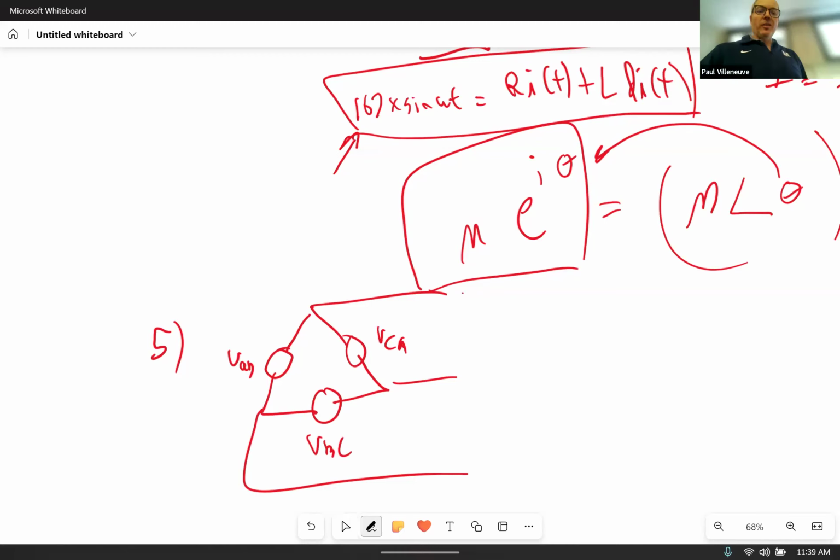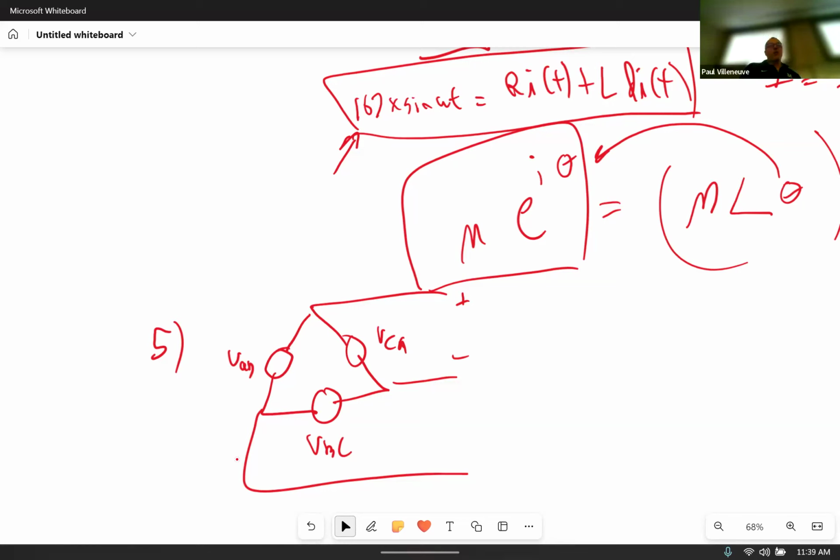Line voltages are the voltages across these. Aren't those the same as the phase voltages? For problem A, the answer was what was given to you in the problem: 480 at an angle of 30, at an angle of 270, and at an angle of 150. Those were the line voltages.